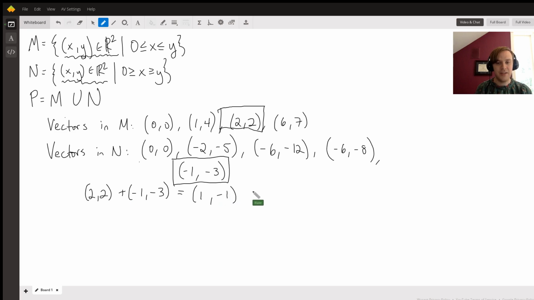Now this is not in P. Because notice that the criteria for both the sets M and N was that the coordinates have to have the same sign. But over here, 1 is positive and -1 is negative. So this is an example. And you can think of other examples this way.